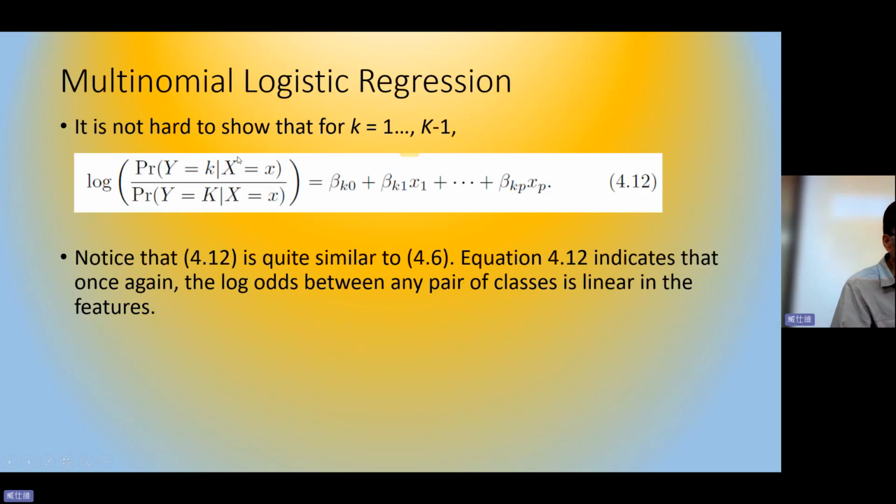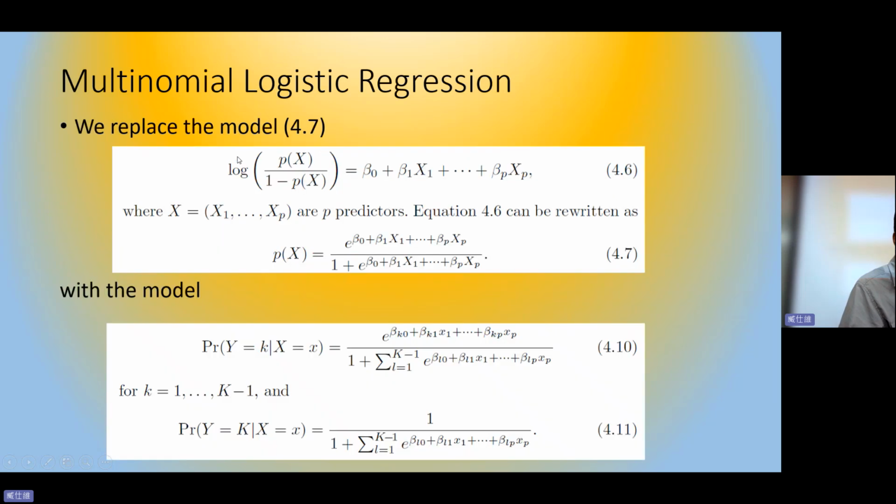Okay, so we have already covered multinomial logistic regression. This is different from multiple logistic regression. When we talk about multiple logistic regression, we are referring to more than one explanatory variable or more than one feature.